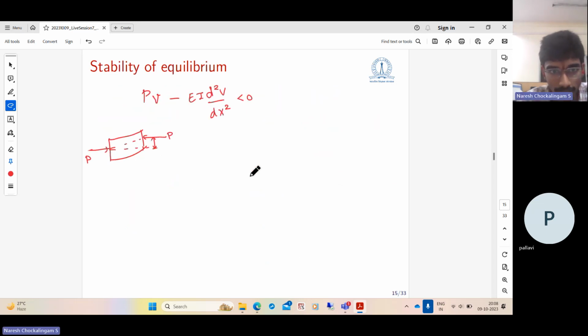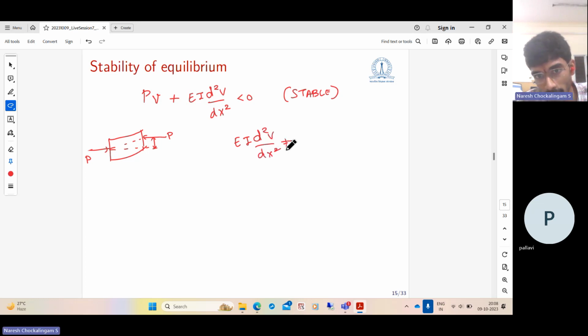So the governing equation becomes PV plus EI d square V by dx square less than 0. Let us consider the case where it is in neutral equilibrium. So this is stable. For the condition of neutral equilibrium, we have EI d square V by dx square plus PV of x equal to 0. We can solve for this directly.